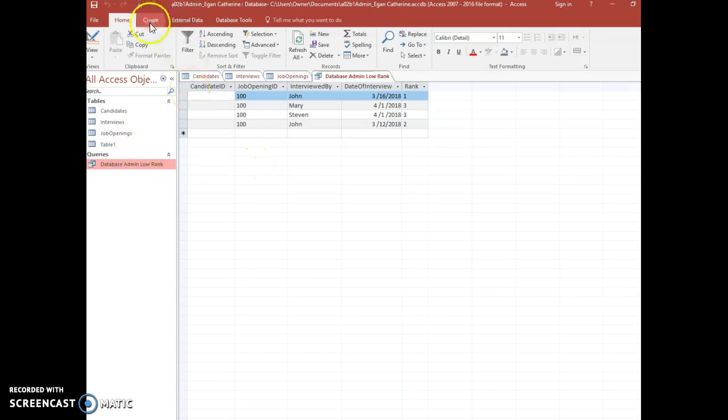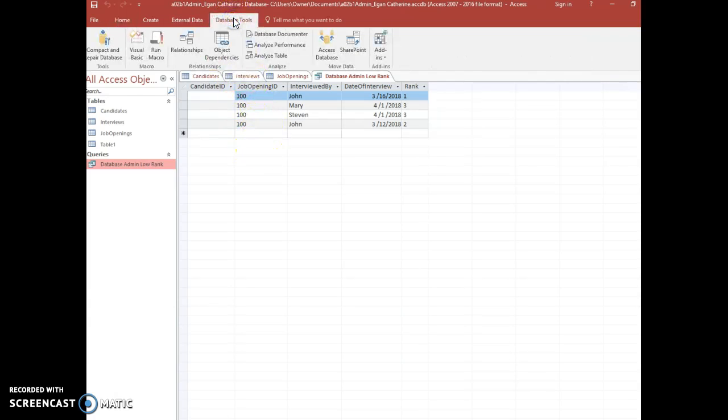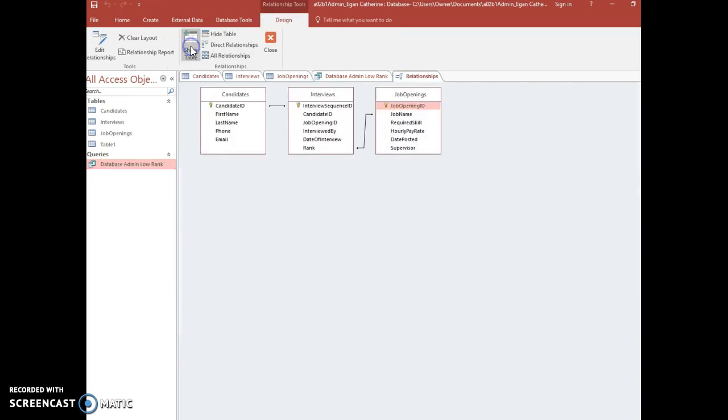We did that by going to the database tools tab and by clicking on relationships, and then we were able to pull in the 3 tables and connect the relationships between those tables, so that when we designed our query, we would be able to pull in that information to query those tables.